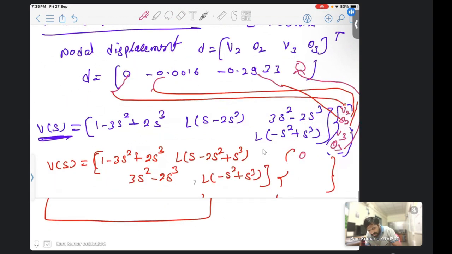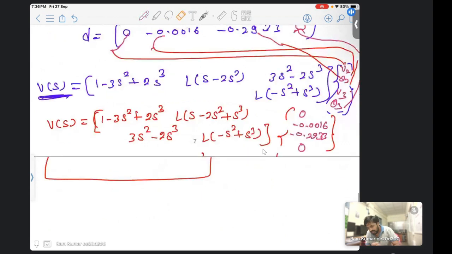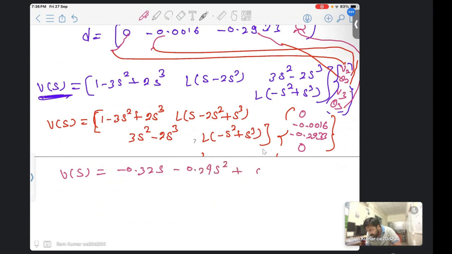So 0, minus 0.0016, then 0. After solving this, what will you get? If you multiply by 0, it will be 0. So v(s) equals minus 0.23s minus 0.24s square plus 0.2666s cube.